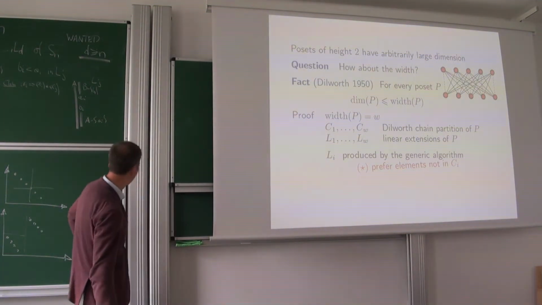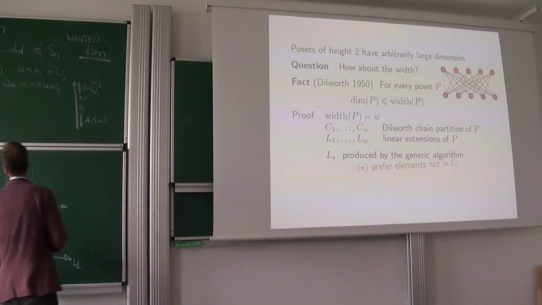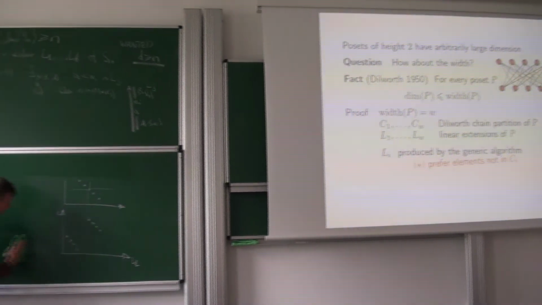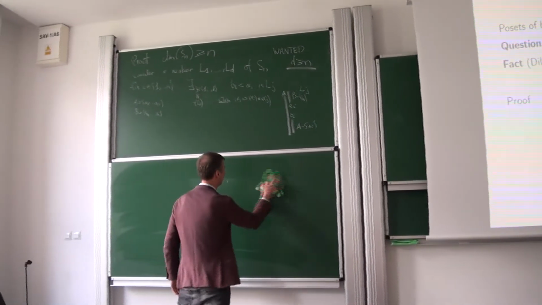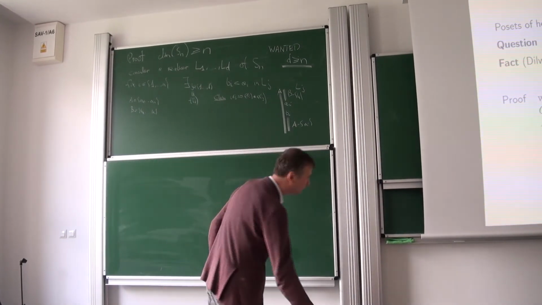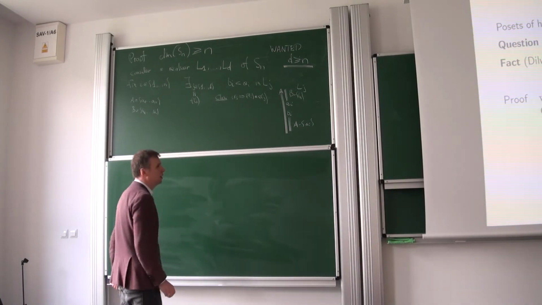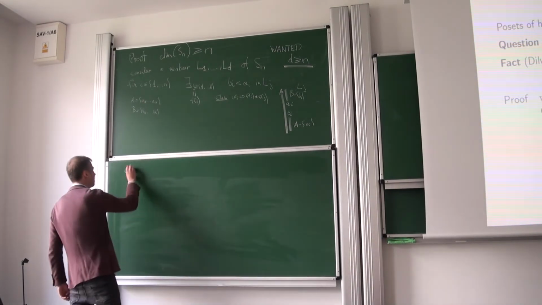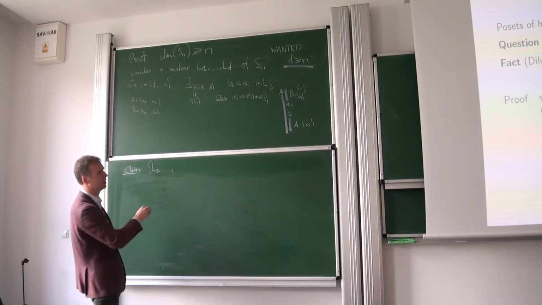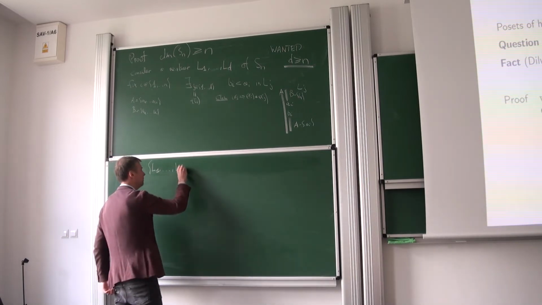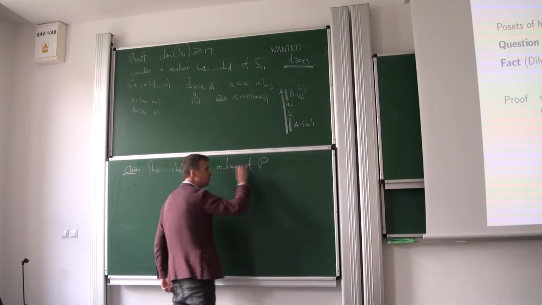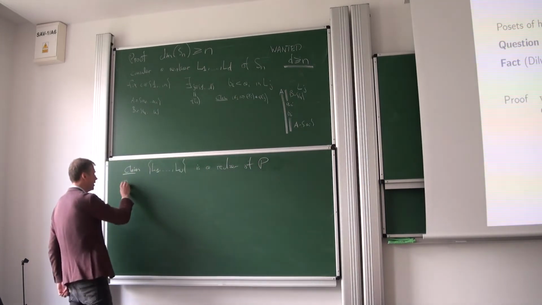Why is it so? The claim is that L1 up to LW is a realizer of P. So how do we prove that something is a realizer of P?